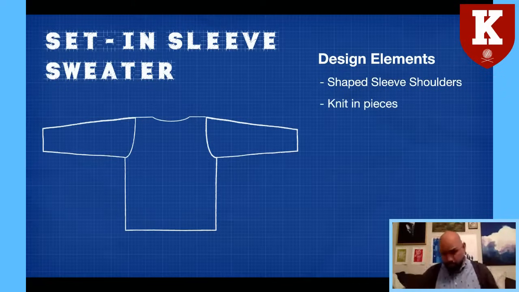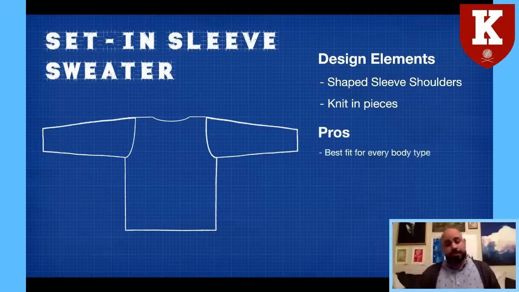This is pretty much always knit in pieces, although there are some versions of this that are knit seamlessly. The predominant way to knit this kind of sweater is to knit each section in its own piece and then add them together. So this by far will give you the best fit of any sweater and for pretty much every body type.